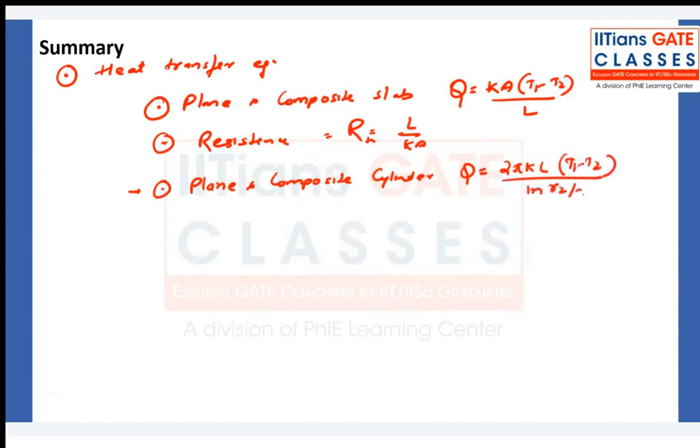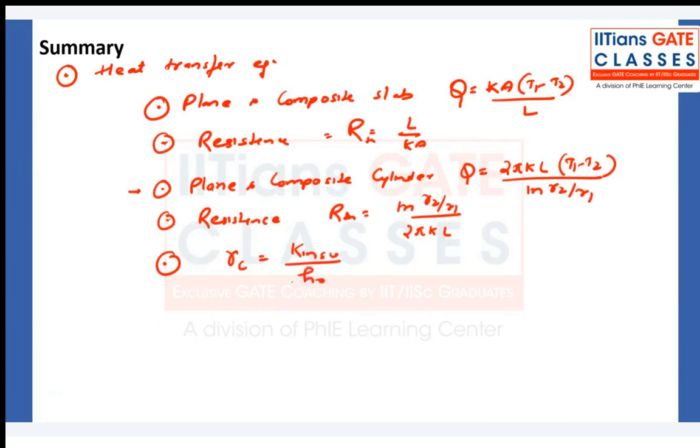And we have also defined resistance in this case, which equals ln R2 by R1 upon 2 pi KL. We have also defined critical thickness of insulation, K insulation upon h naught.